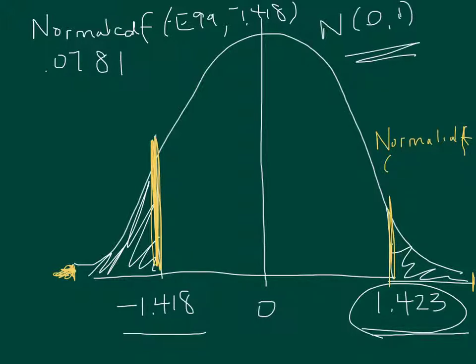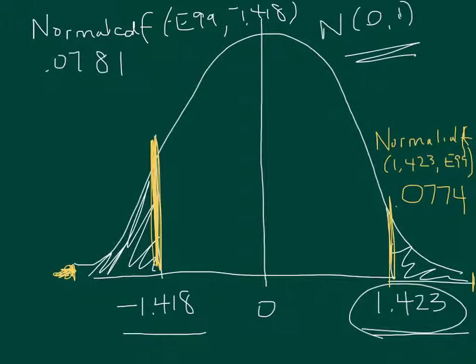And then we're going to do 1.423 and we'll do positive E99. We just won't put in that negative. And when we do that, what we get is 0.0774.